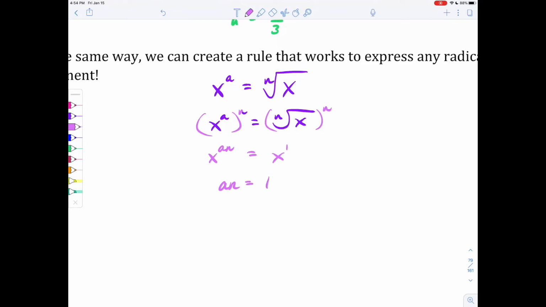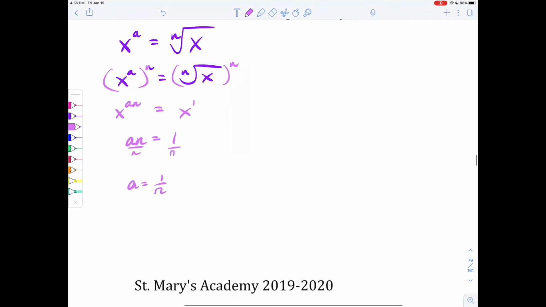So we'll divide both sides by n, and say a is 1 over n. And what we've essentially said here is that if you are taking the nth root of x, that's the same as taking x to the power of 1 over n.